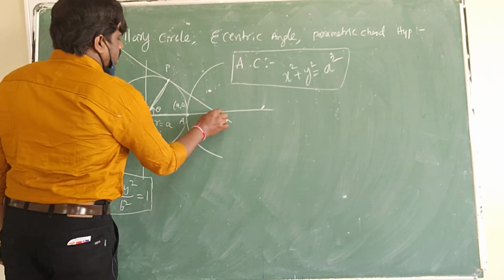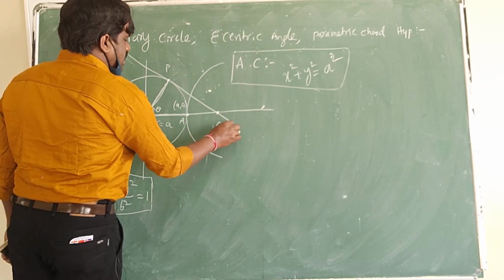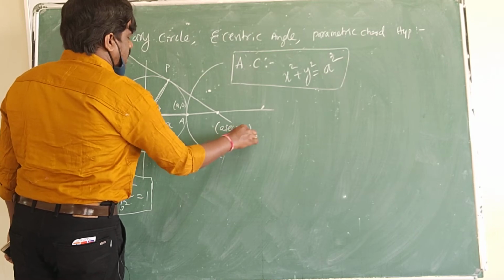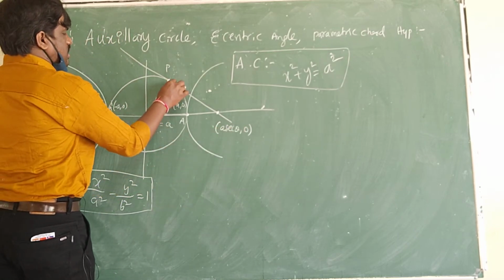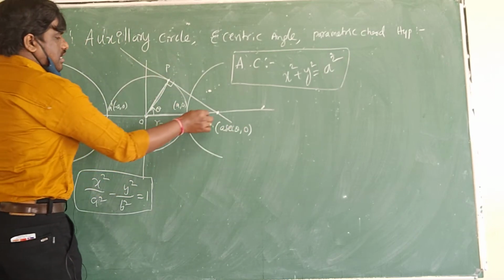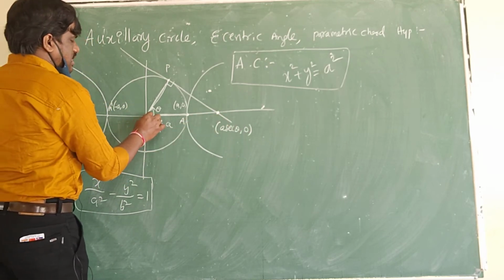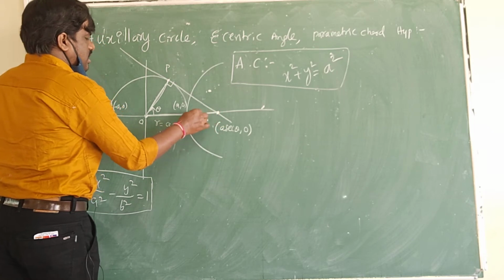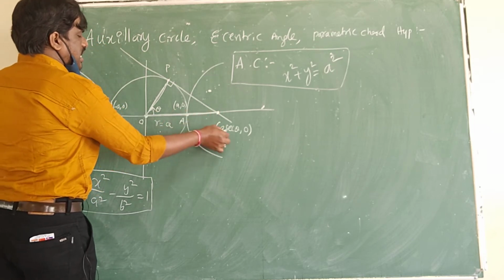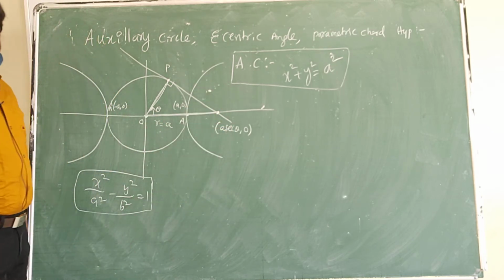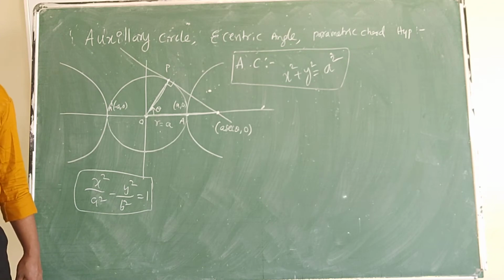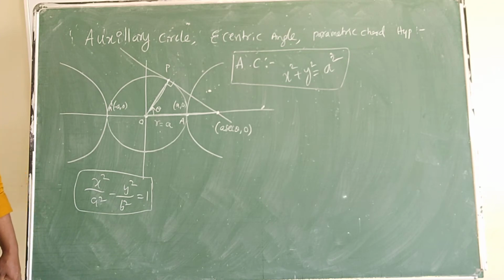And the point here is a sec theta comma 0. Why a sec theta comma 0? It is 90 degrees, and this is on the x-axis, so the y coordinate is 0. And this length I can write as a sec theta. Why can I write a sec theta?